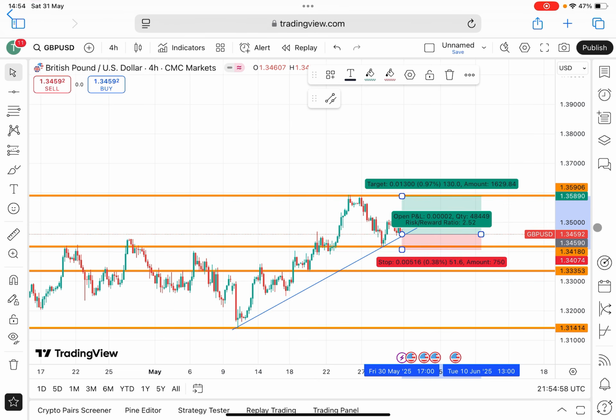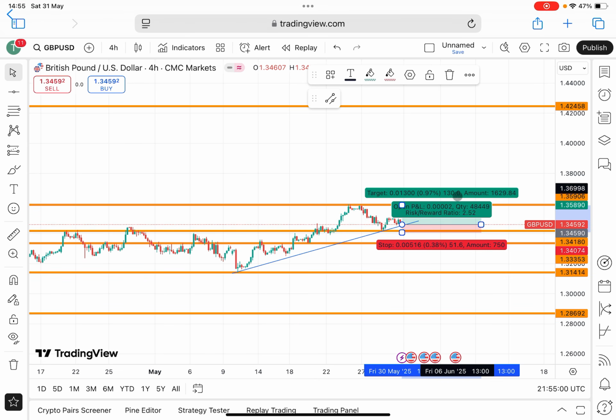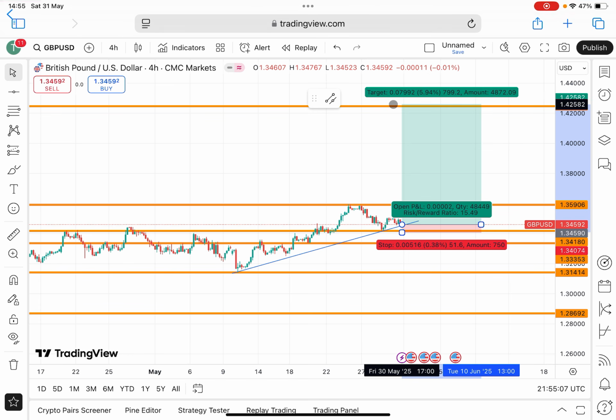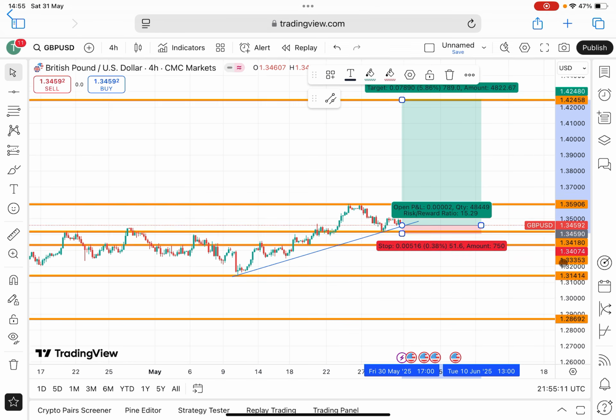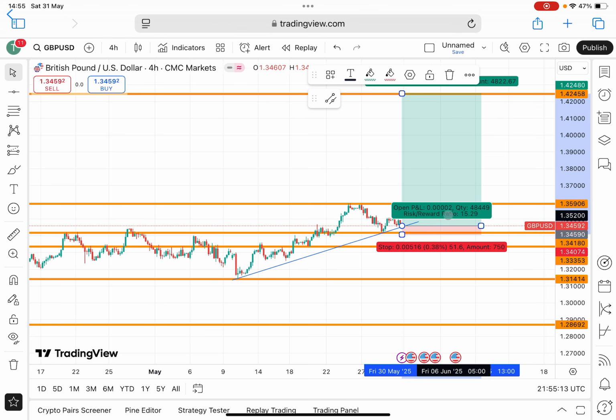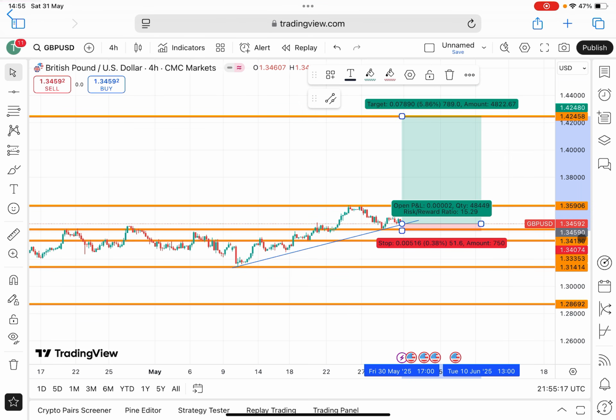Okay, and if it breaks, this is like 1,000 pips from here to here. It's even more. If we are to calculate, let's say we put it to the resistance here, that's 1:15 ratio. That's crazy.